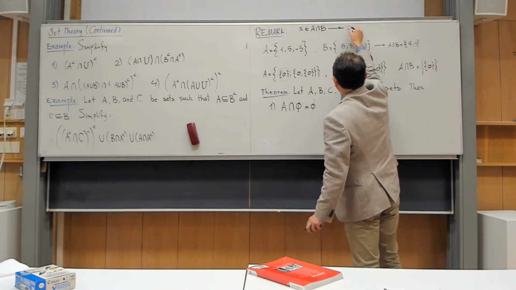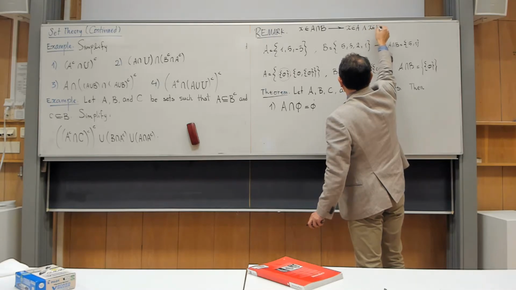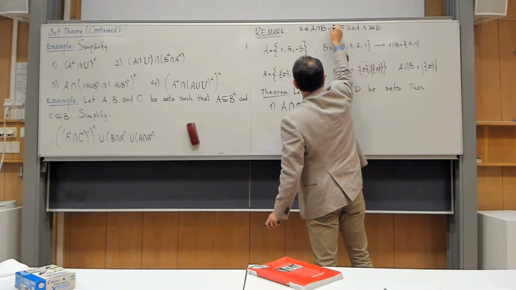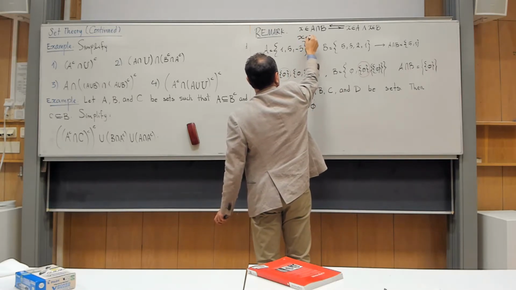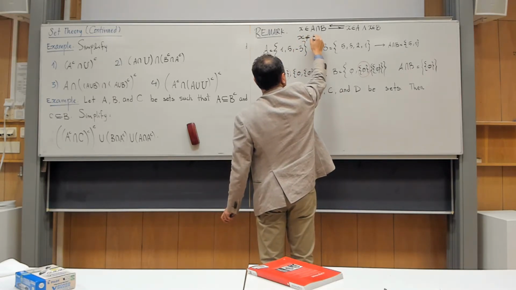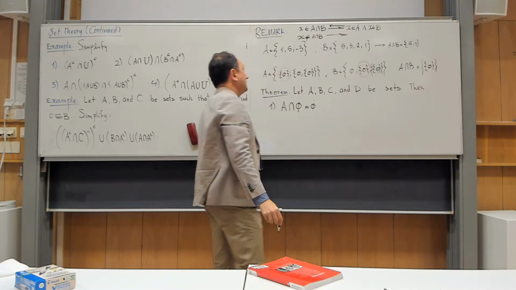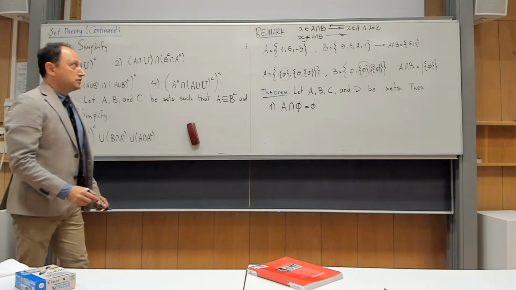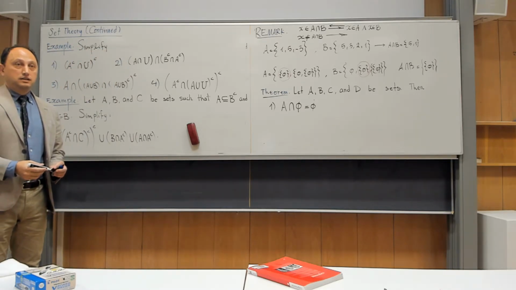That X belongs to A and X belongs to B. Of course, the other way around is also true. But can you translate this one for me? If X does not belong to A intersection B, how do you translate it in terms of belonging to A, belonging to B?